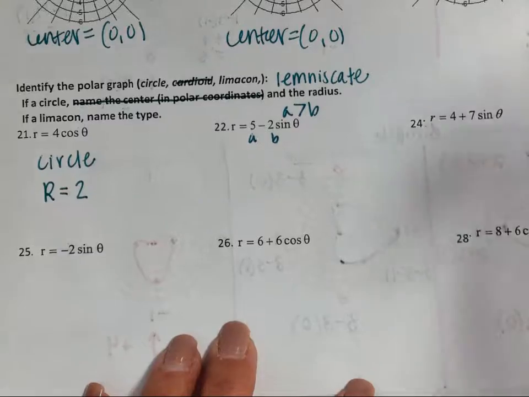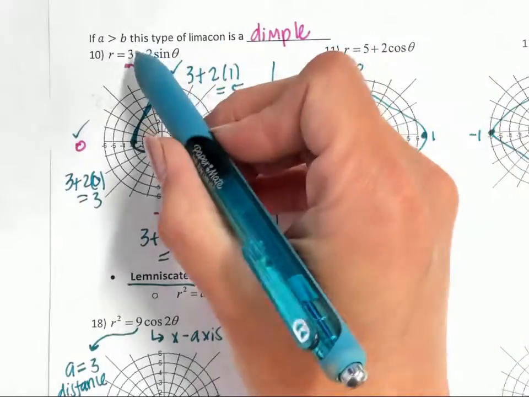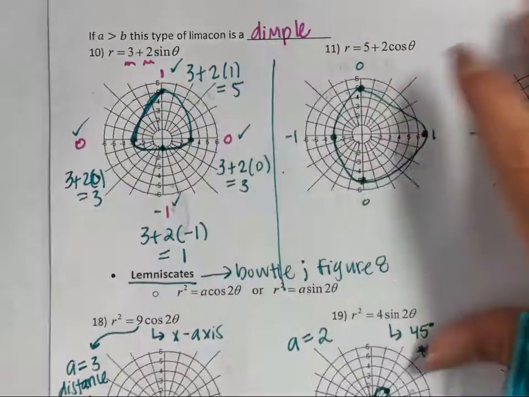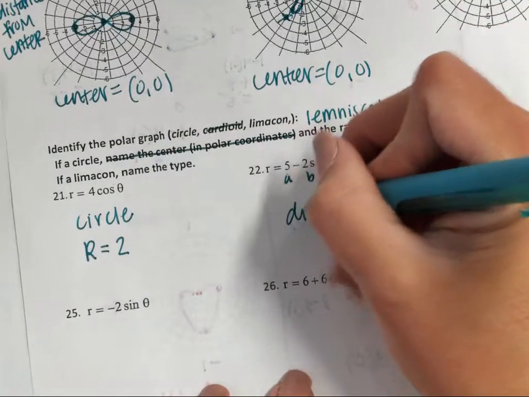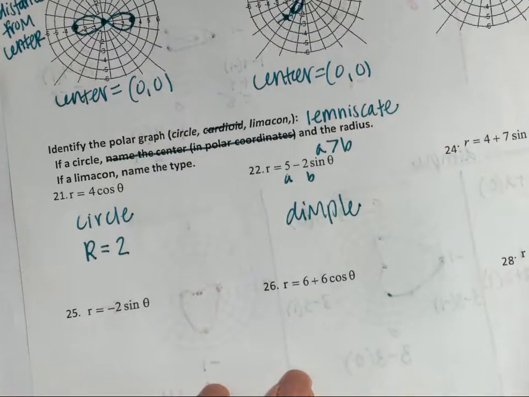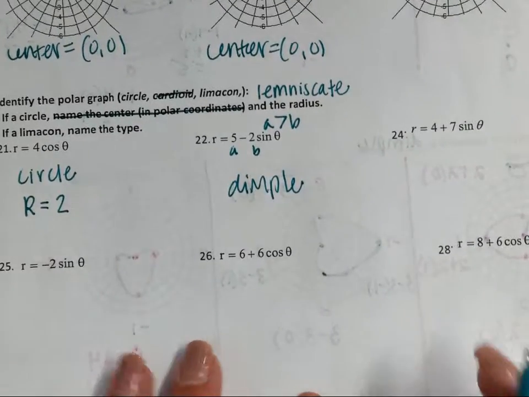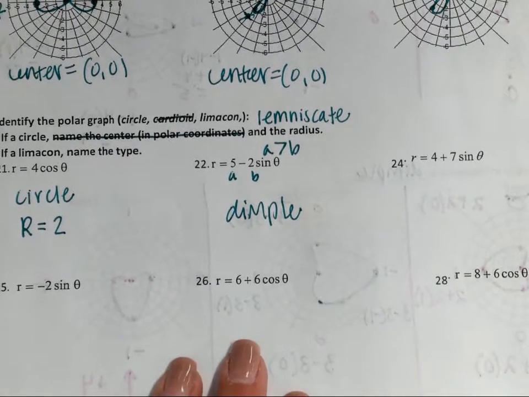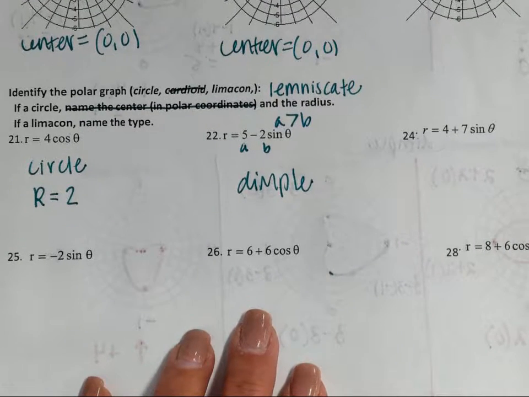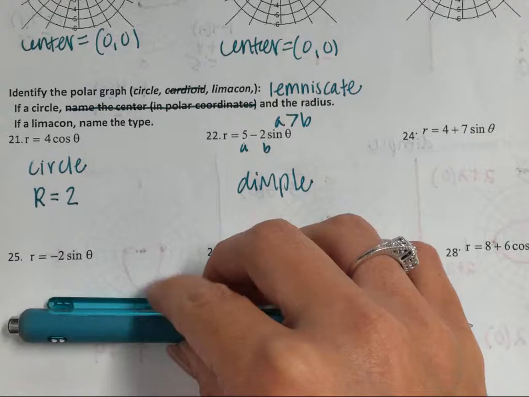Look back in your notes. If A is greater than B, this is what? A dimple. Yes, that's correct. You just put dimple for both of them. The only time it's not a dimple, it's an inner loop, is when what? When A is less than B. Very good. Alright, go ahead and do these on your own.